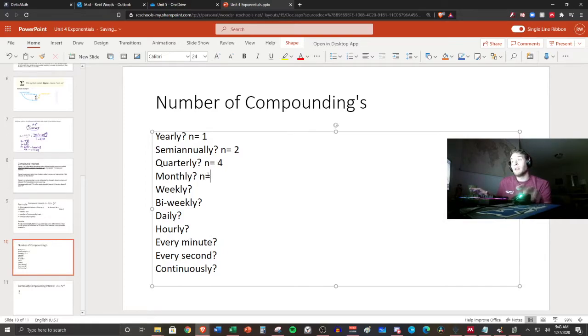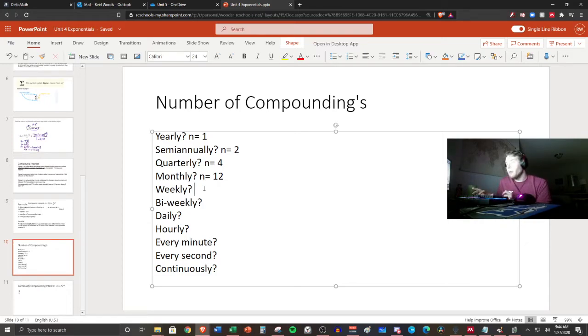Monthly, which is really what happens in the real world, right? We say 12 times. After that point, you're not really going to be compounding interest that much. A computer could do it, but that's not typically what is occurring. But because we're in a math class, we're going to push this to its limit and try to discover what is the most compounding that we could do.